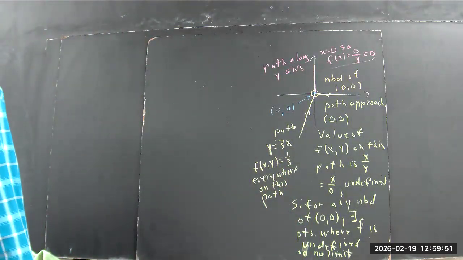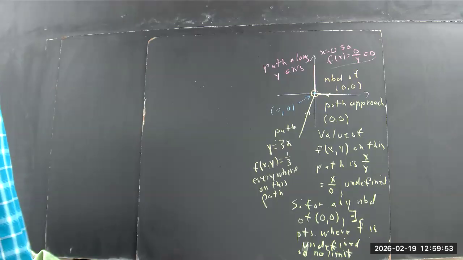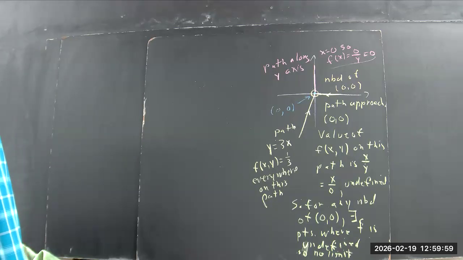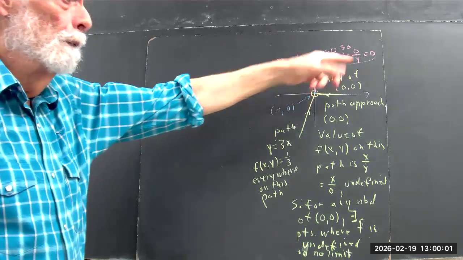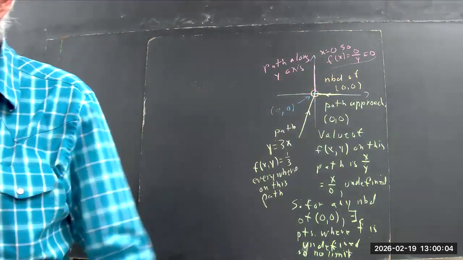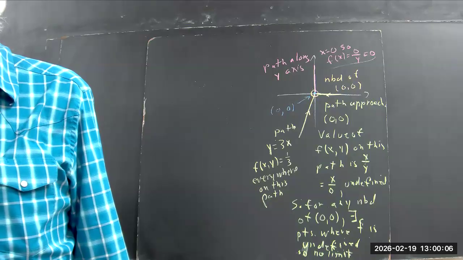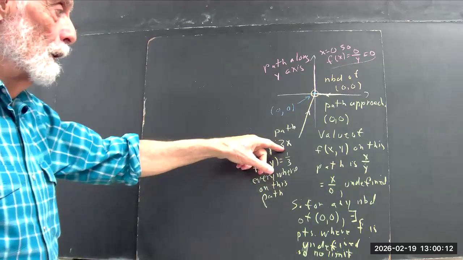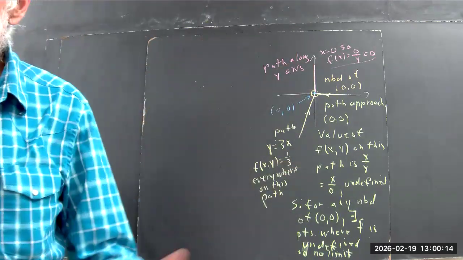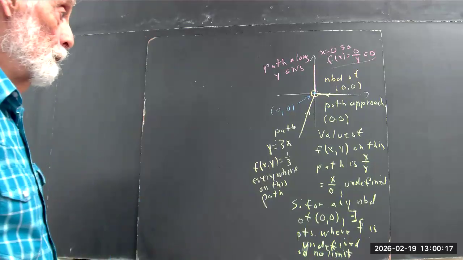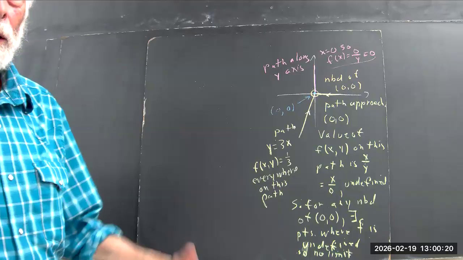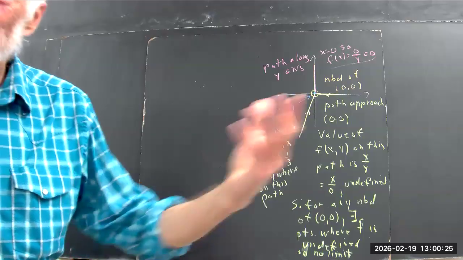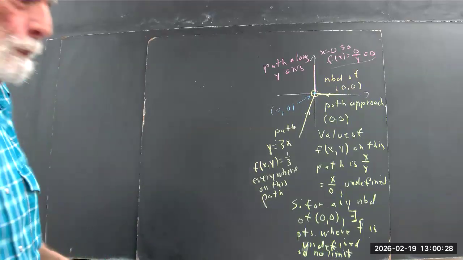Okay, that makes sense? There are all kinds of paths that I can use, and I can get any value of f of x,y I want in any neighborhood. If I wanted the value 1/3, I'd use the line y equals 3x. If I want the value 14, I'd use y equals x over 14. Maybe I said that right. You can figure it out.